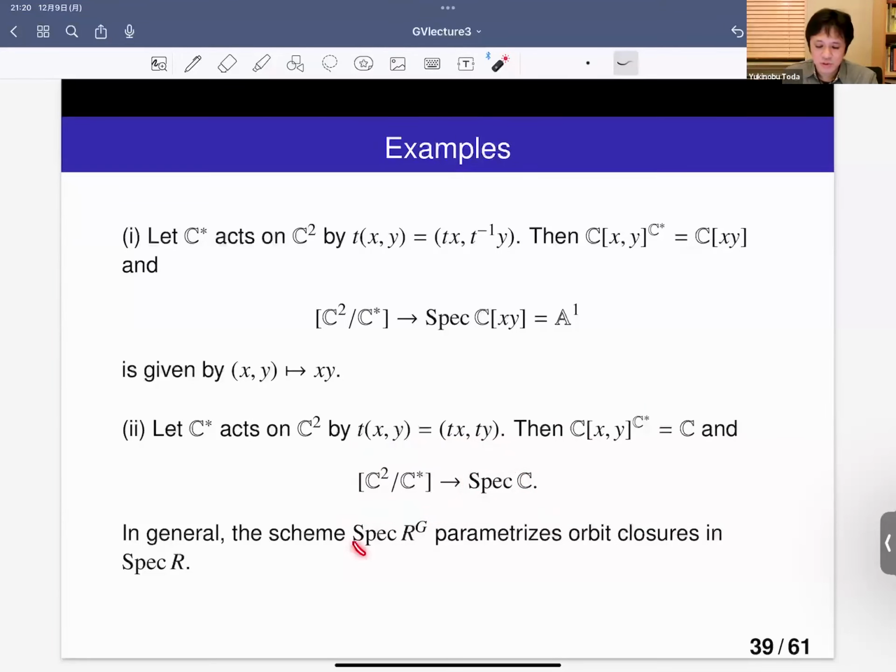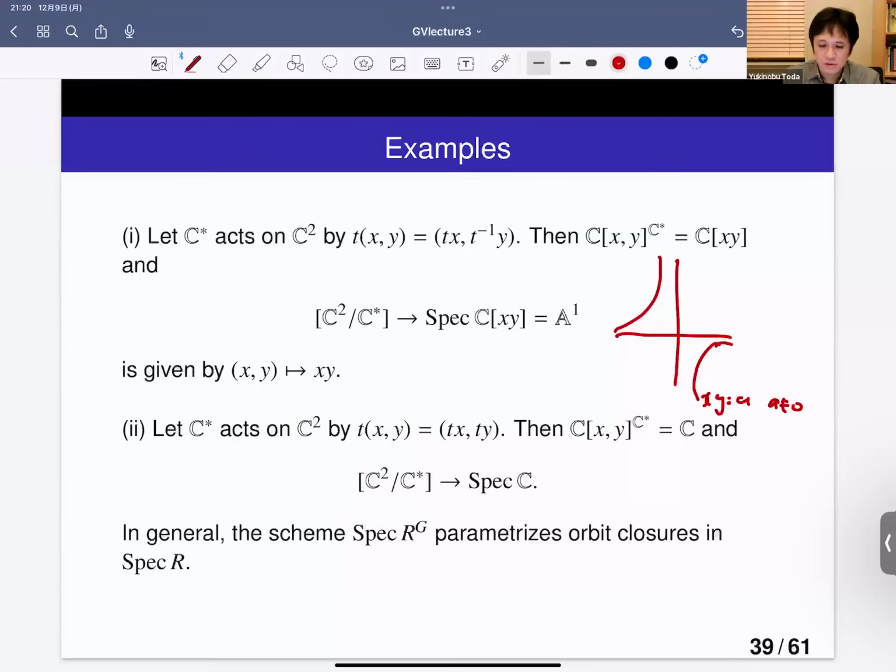In general, the spectrum of the invariant ring parameterizes not the orbits, but the so-called orbit closures. For example, in the first example, the orbits are like this one. If xy equals a, where a is non-zero, this is one of the orbits.